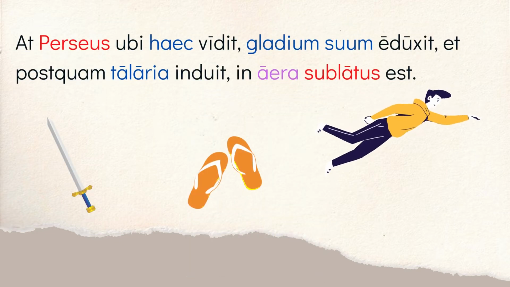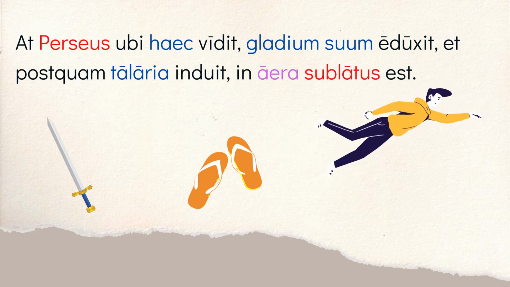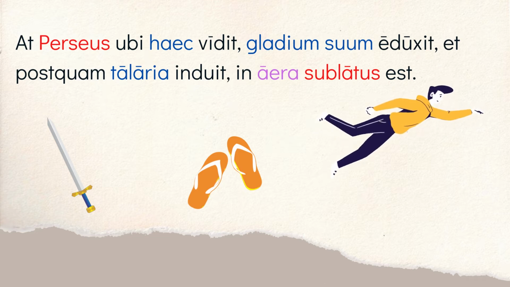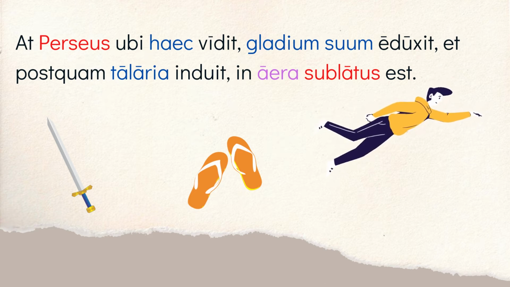So it starts with: Ad Perseus, ubi haec vidit, gladium suum eduxit, et postquam talaria induit in aera sublatus est. So you have Perseus, right? When he saw haec, which means these, the neuter substantive plural, meaning this situation, everything happening. When he saw it, he eduxit, he drew his gladius, his sword, suum gladium.